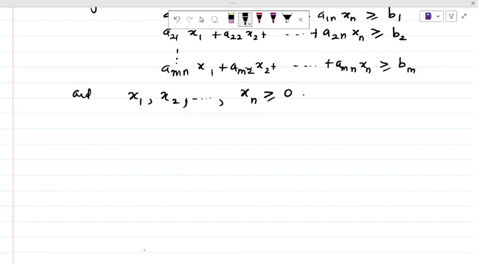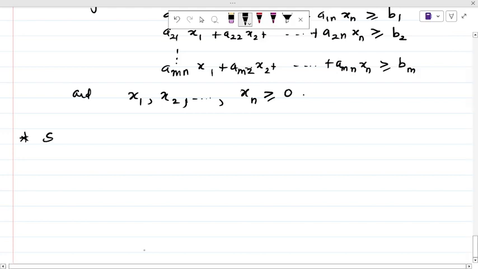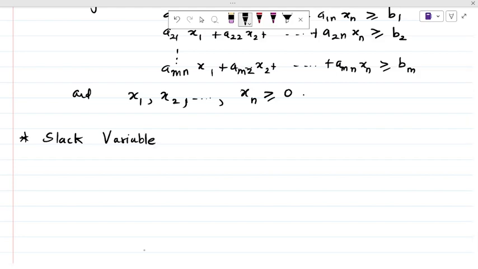Let me explain what is called a slack variable and a surplus variable.